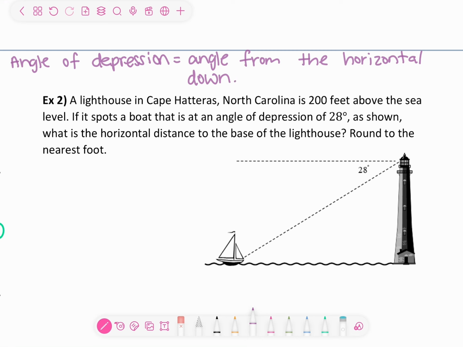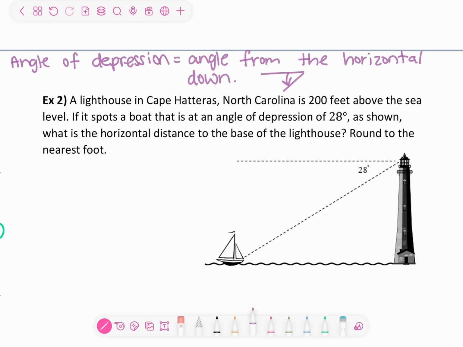So angle of elevation, elevating means going up, so that's from the horizontal up. But depression means going down, so an angle of depression is from the horizontal down. So anytime you have any horizontal distance and you're talking about an angle of depression, it's going to be going down from that horizontal distance, okay, or direction.